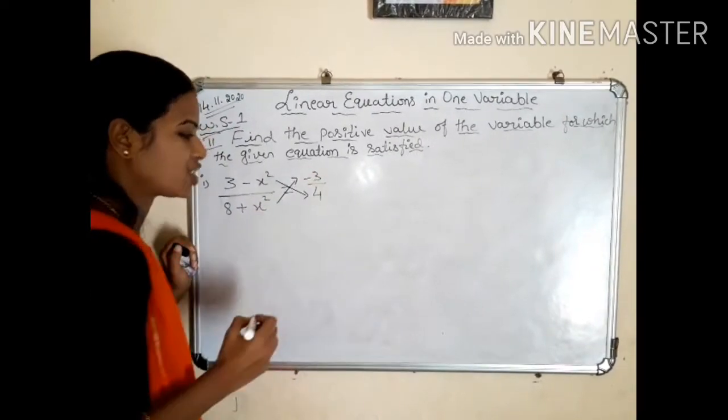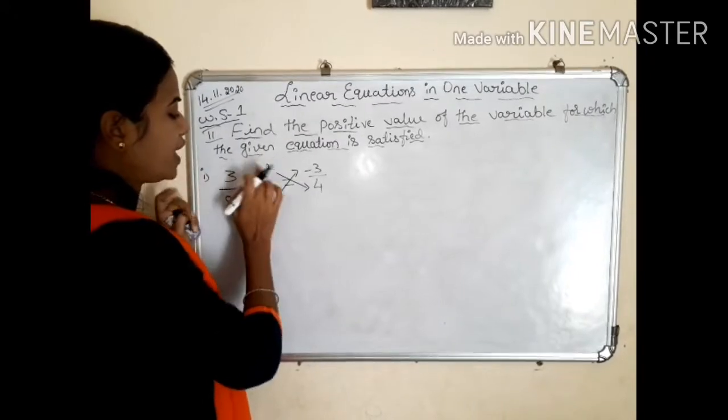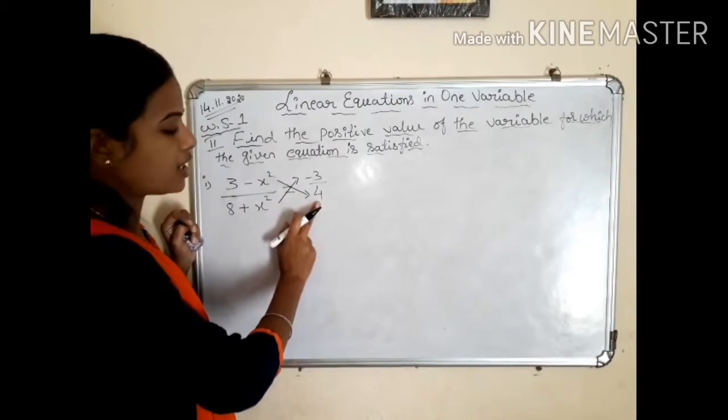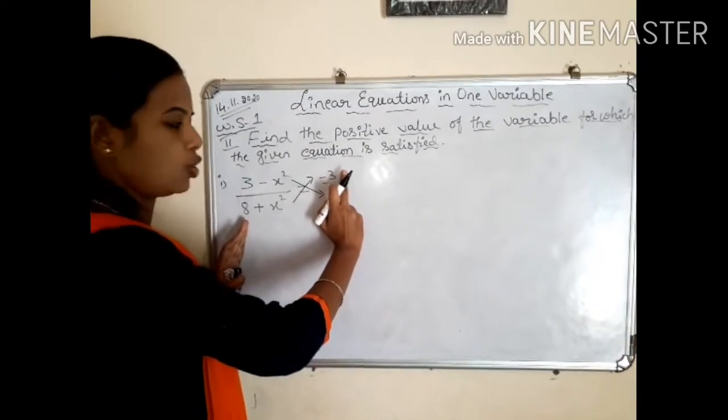In the cross multiplication method, which we already studied, the LHS numerator is multiplied with the RHS denominator, and the LHS denominator is multiplied with the RHS numerator.